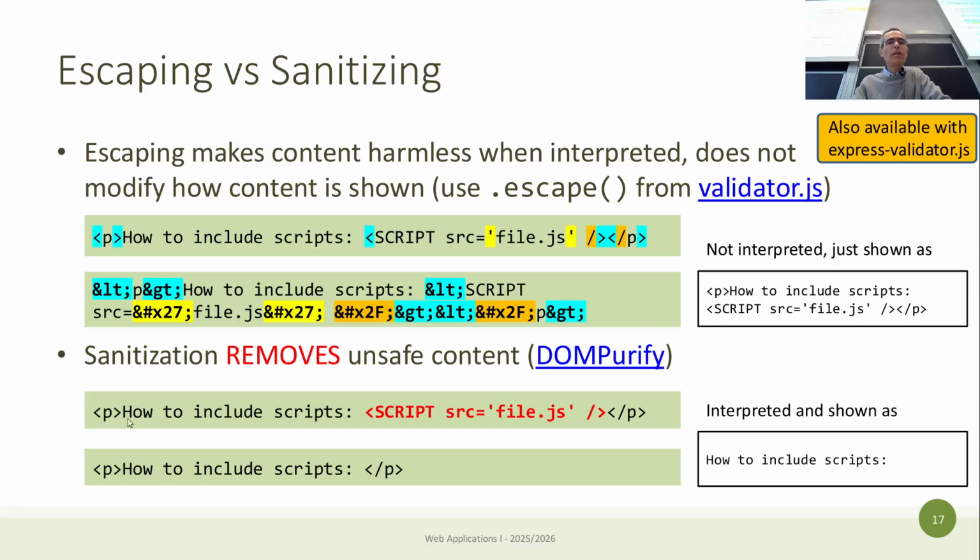So you see the same example as before. If it's escaped, the appearance is exactly the same. If it's sanitized, the appearance will not be the same, because the P is interpreted as a tag, it's a paragraph, and the script has just been removed, okay?